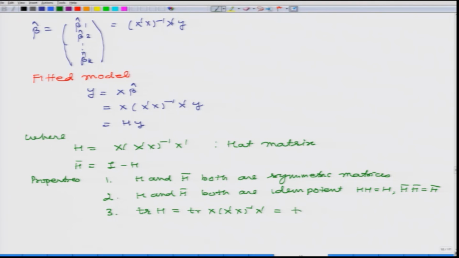So, I can write this as the trace of (X transpose X) whole inverse X transpose X, which becomes the trace of I k, where I k is an identity matrix of order k by k. So, this trace is actually k, right. Similarly, the trace of H bar becomes the trace of I minus H, so trace of the identity matrix of order n by n minus the trace of H, and this comes out to be n minus k. So, these are some results that we will be using later on.